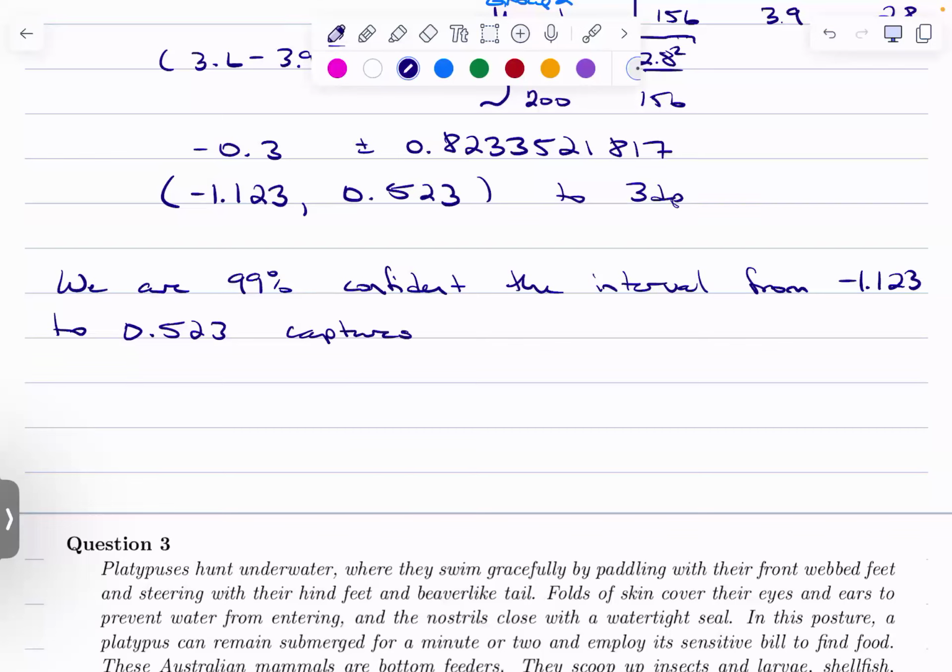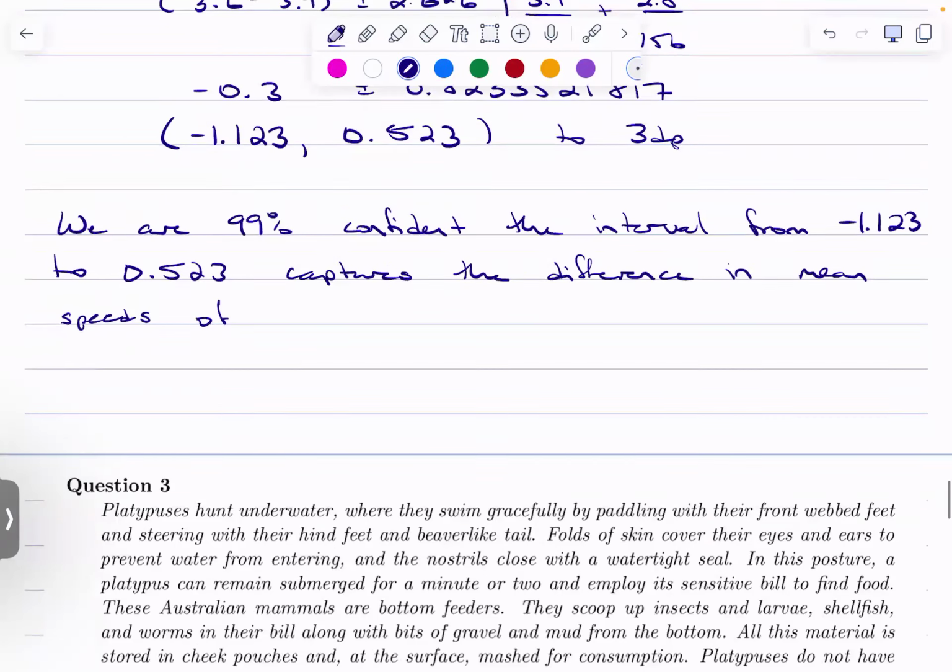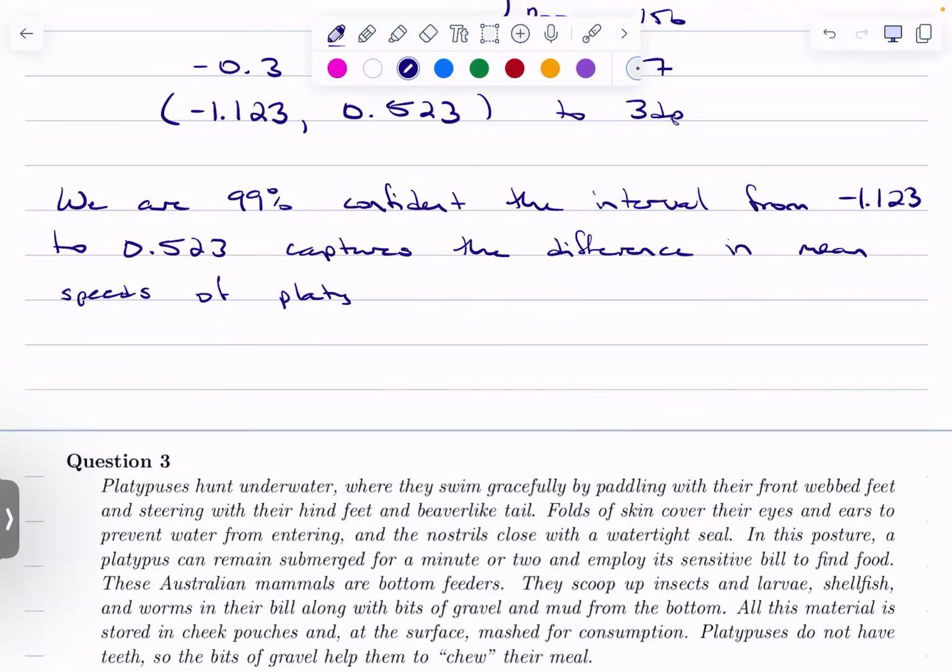Captures the difference in mean speeds of platypuses and manatees. Okay.